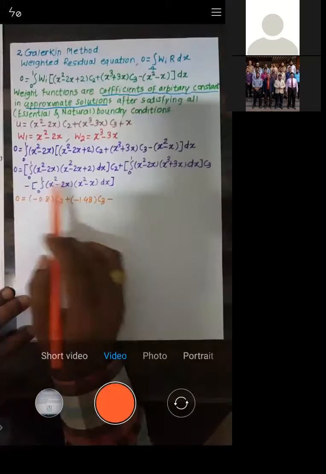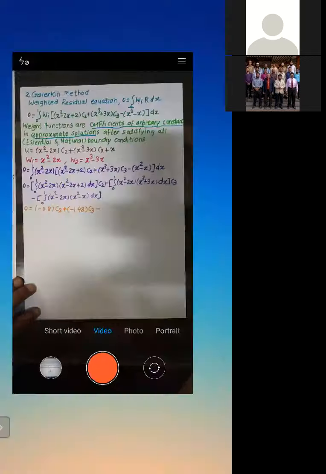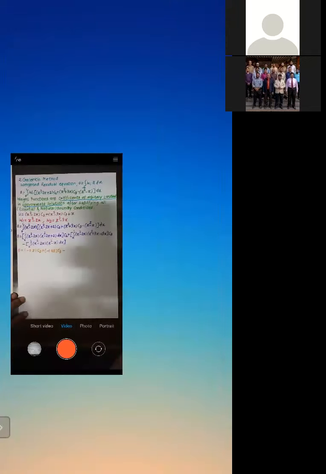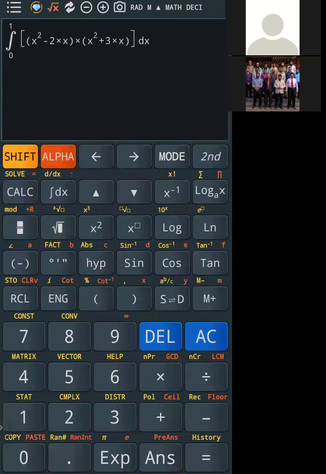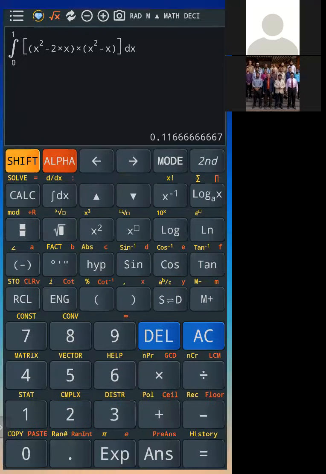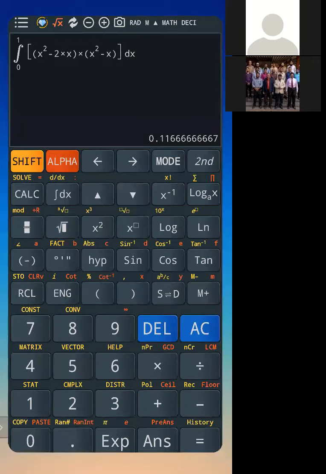Now let's try the last term, x square minus x. You get 0.1166.